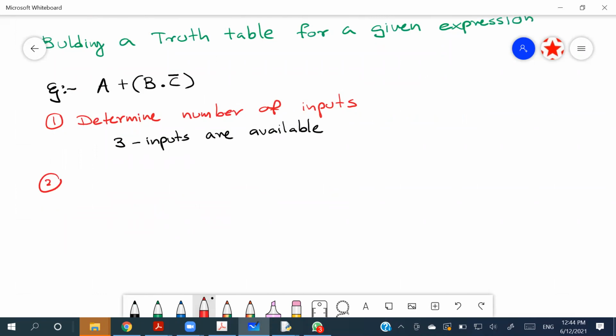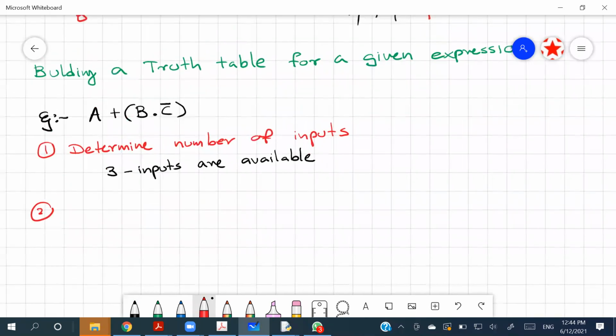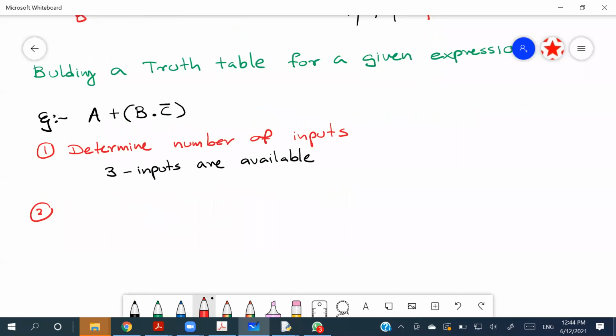the second thing is you are going to determine how big your truth table is. Right now, when it comes to the note, let's say we are going to determine the number of rows in the truth table, right? TT is given for truth table.